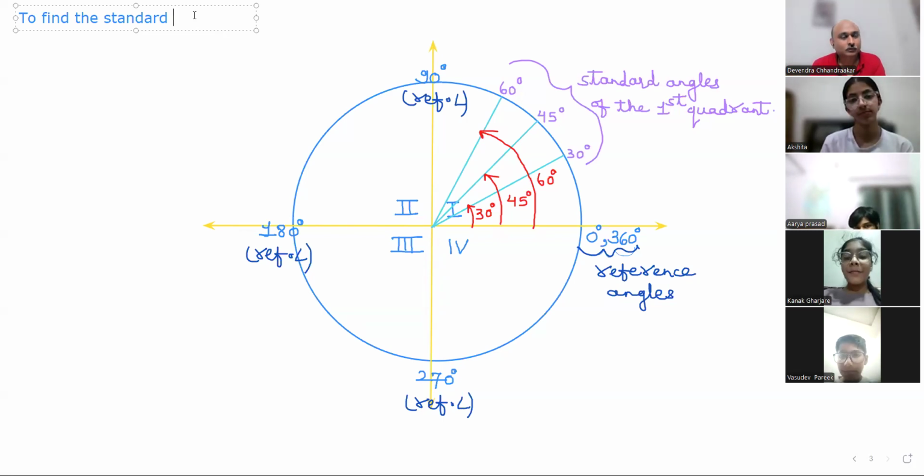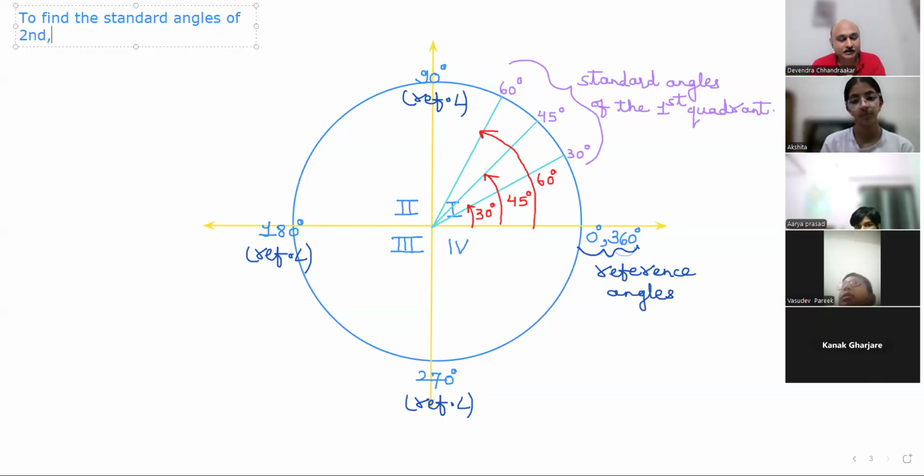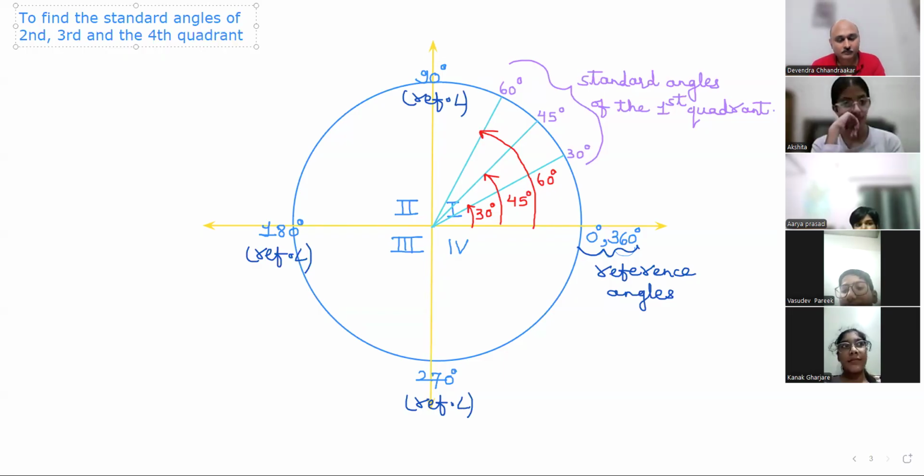Thank you, sir. To find the standard angles of the second, third, and fourth quadrant, what do we do? First step is to add the standard angles.